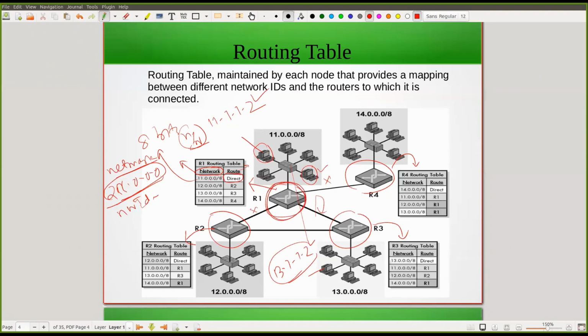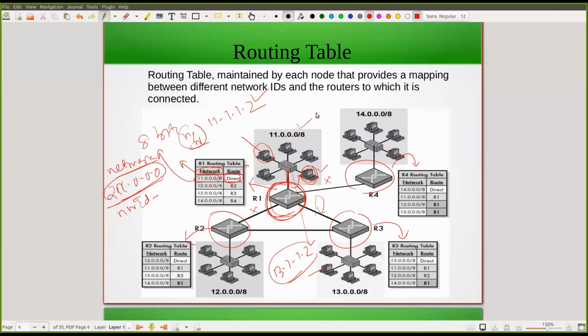The router is going to deliver it directly to this machine without routing it. That's why this is a direct route. A direct route is available from this router to this network, because this one interface of the router is attached to this network.